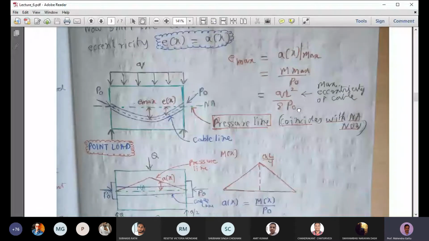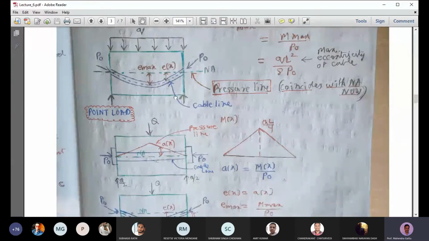So we can lay out the cable in this parabolic fashion, and this parabolic cable with this pre-stressing force will balance out the external load. The beam will now be in a state of uniform compression, with pressure P naught acting along that pressure line, and there will be no curvature in the beam. The beam will be straight. So this is the load balancing which is happening.